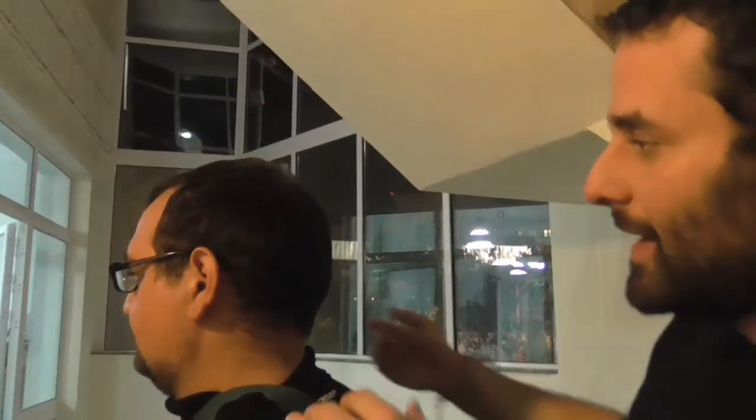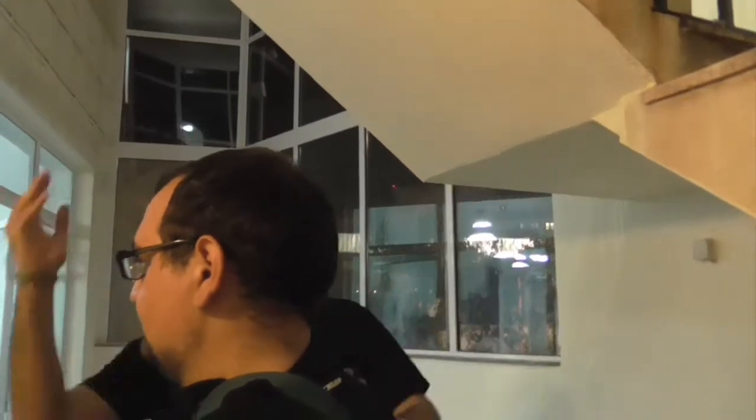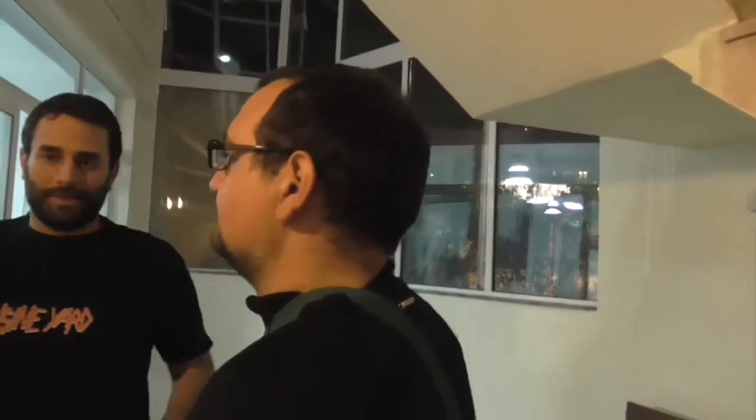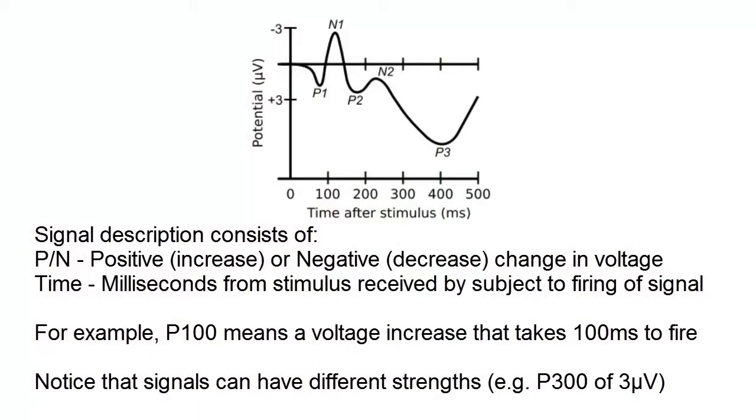When your brain receives a stimulus, there is a certain process which is triggered every time. Different kinds of signals get triggered, and we name these signals with a P or an N, whether it's a positive or a negative potential, and with a number indicating how many milliseconds pass between the stimulus and the signal.